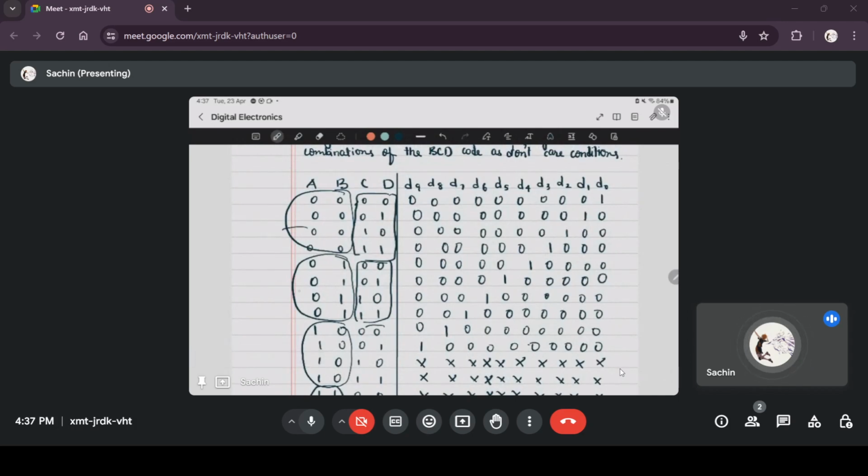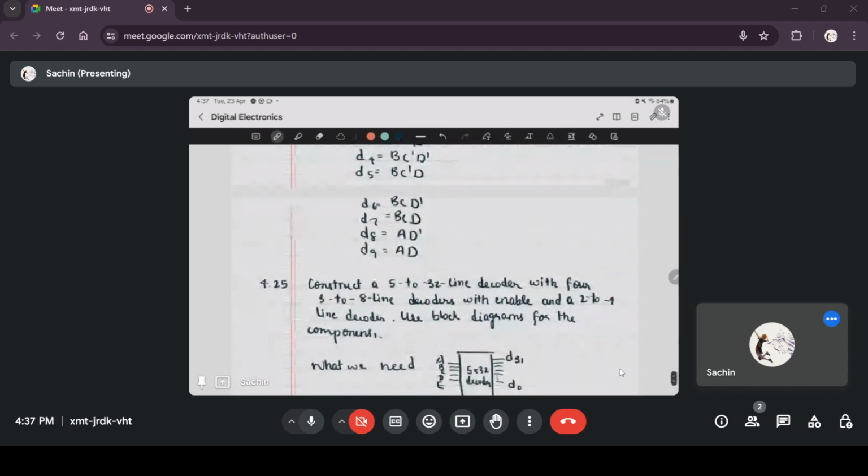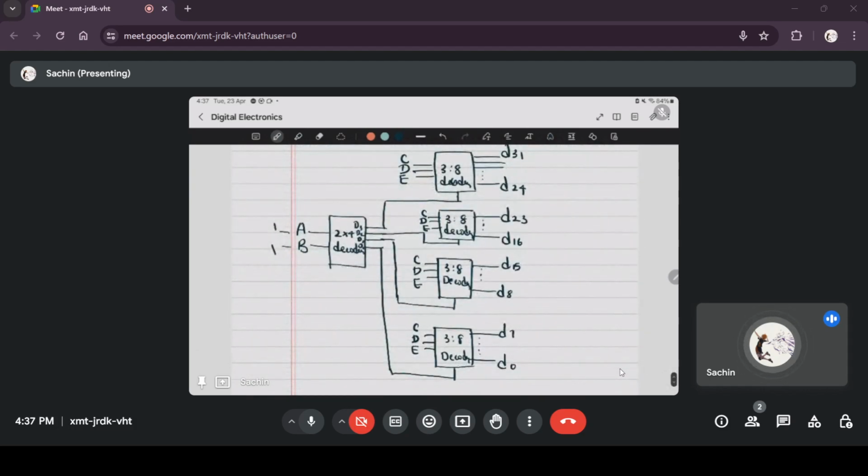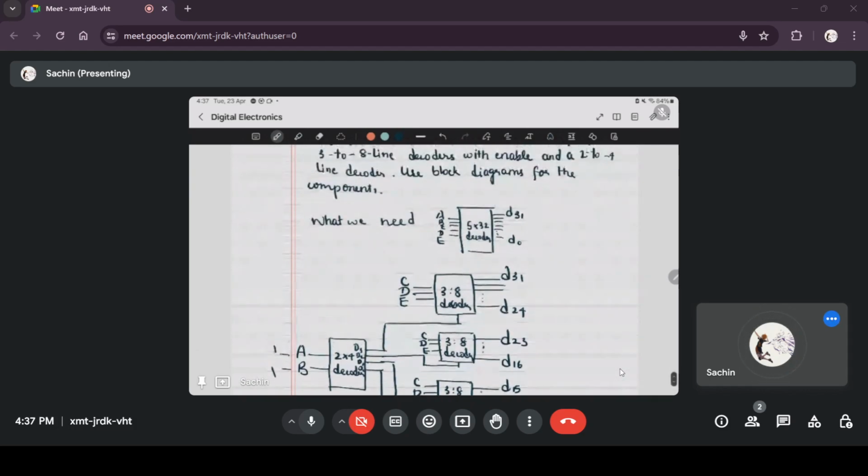If AB is 0 1, you select the second decoder. So in this way you can get a larger size decoder from smaller size decoders.